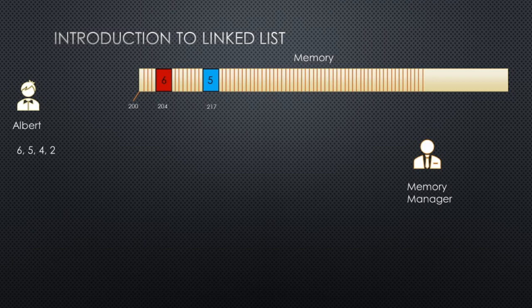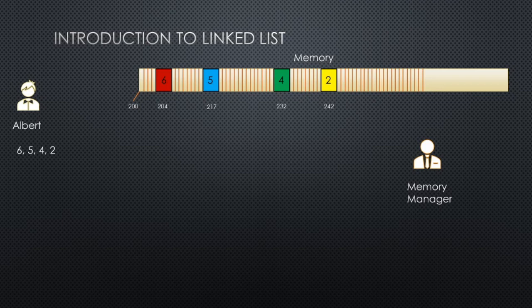And let's say he gets these 2 blocks at address 232 and 242 respectively for numbers 4 and 2. So as you can see, when Albert makes a separate request for each integer, instead of getting one contiguous block of memory, he gets these non-contiguous blocks of memory.